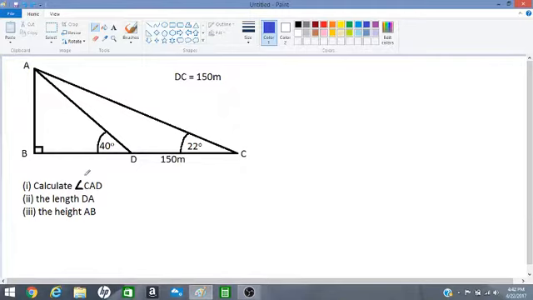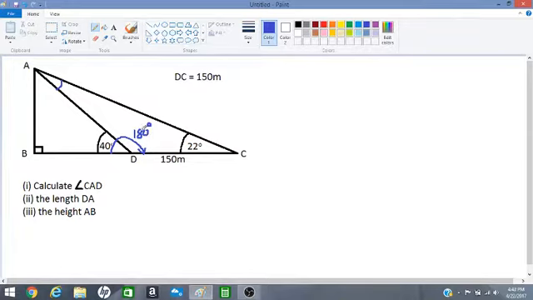So let's find angle CAD. First, let's identify which angle this is. From C to A to D is this angle in blue. We want to find out that angle. So let's see what information we have. We have that this is 180 degrees. We know that. 180 degrees.